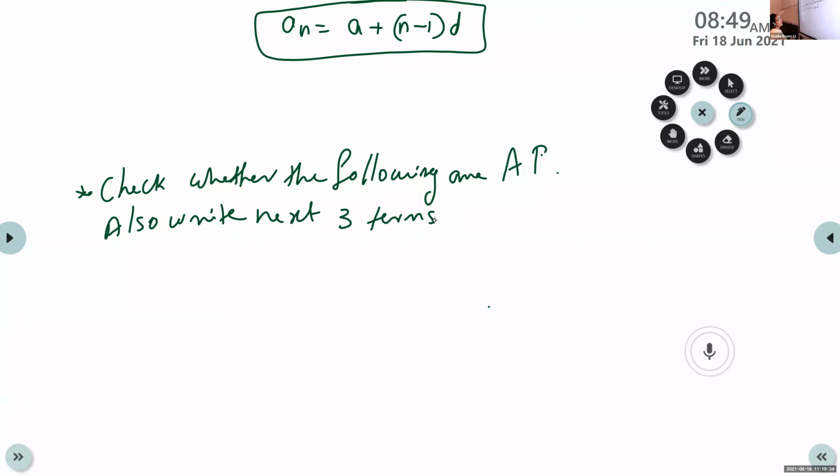So you have to find whether the given numbers are in AP. Also, you must write the next three terms of the AP. Okay, shall I start the questions?